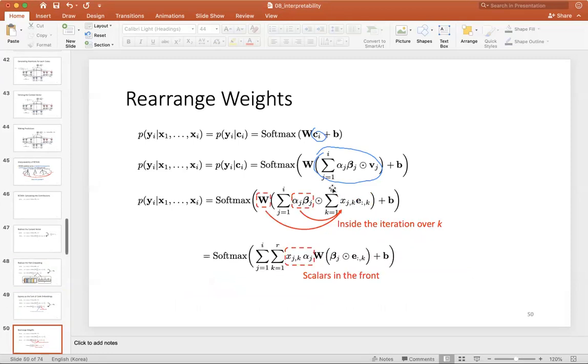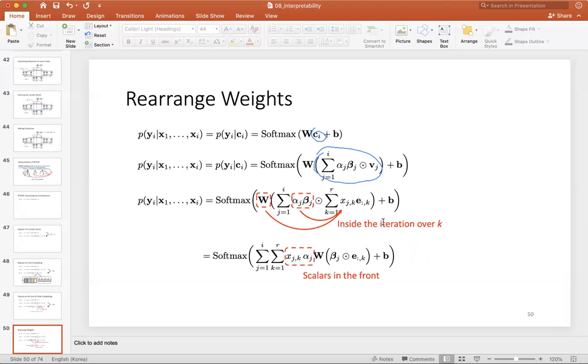All right, next. Once you've done that, you can put all the terms that are irrelevant to the K index inside the sum over K. Alpha J and beta J depend on the J index, so they can still go in, it doesn't matter. And W doesn't have anything to do with any index, not J, not K. So you can put them all inside the two sums here.